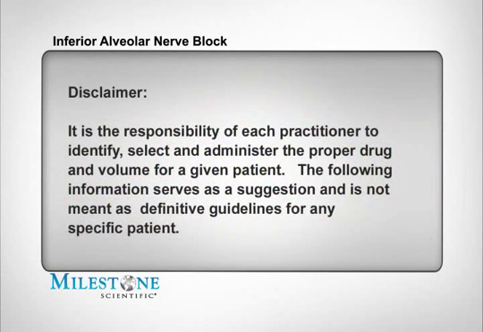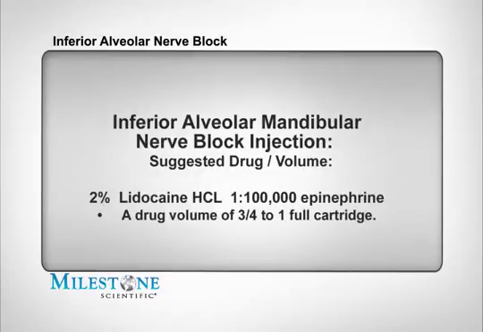It's the sole responsibility of each practitioner to identify, select, and administer the proper drug and volume for a given patient. The following information serves as a suggestion and is not meant as definitive guidelines for any specific patient. The suggested drug and volume to perform the inferior alveolar nerve block injection is 2% lidocaine HCl, 1 to 100,000 epinephrine.